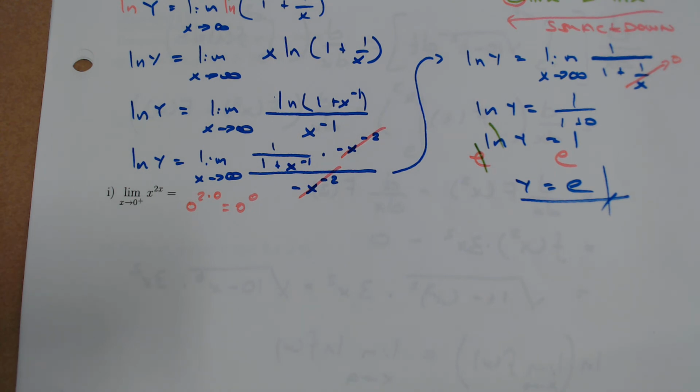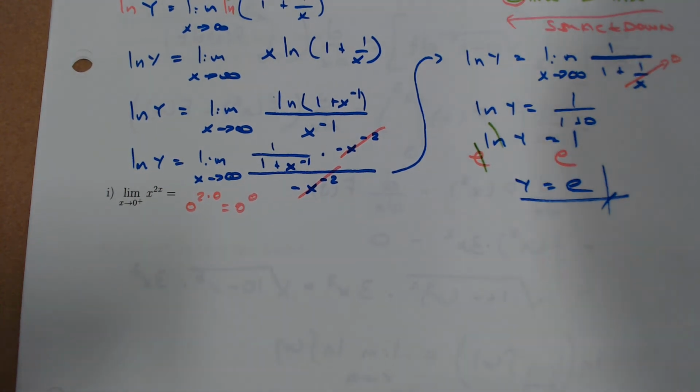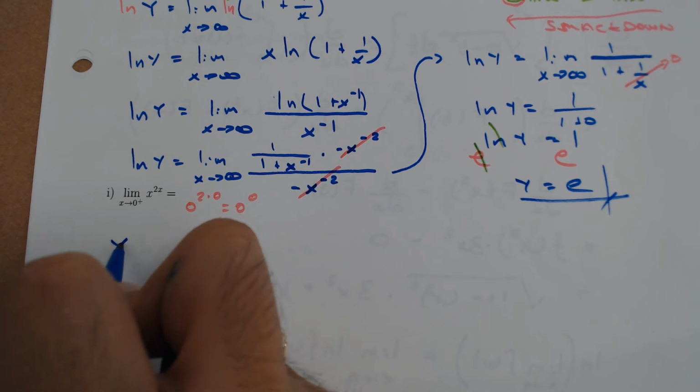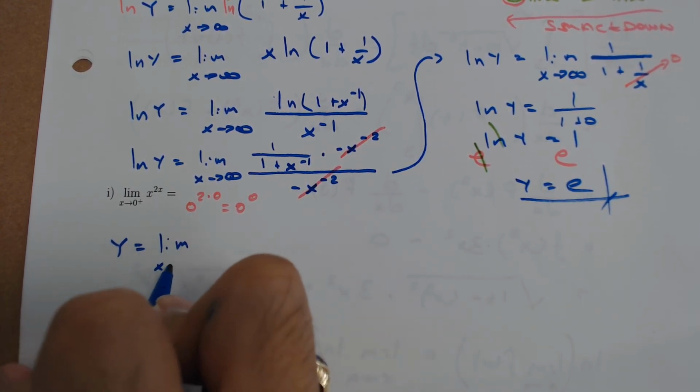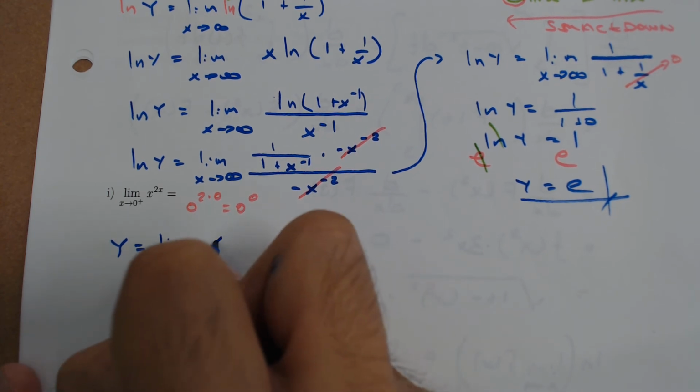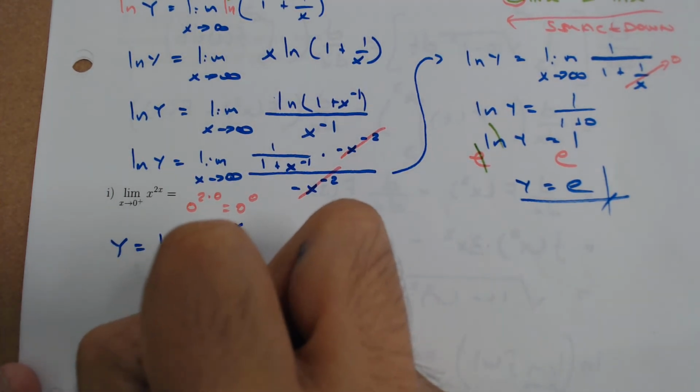That means we can use a few algebraic techniques, make this look like a quotient in a very similar way that we did for letter H. All right, so let's set it up. This is going to be y equals something, limit x approaches 0 from the right, x to the 2x.